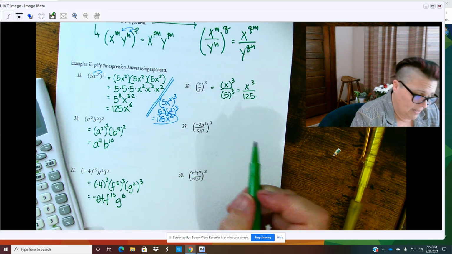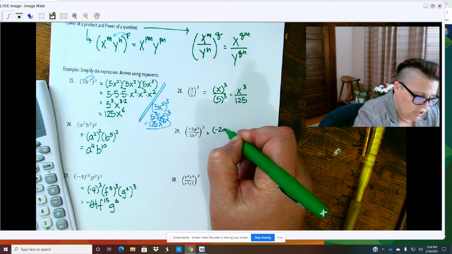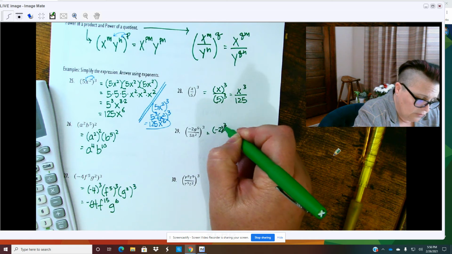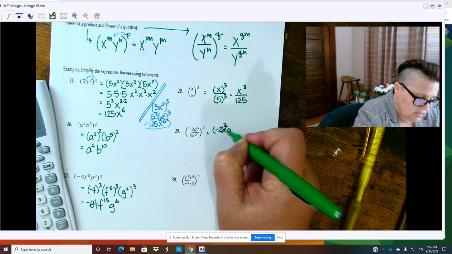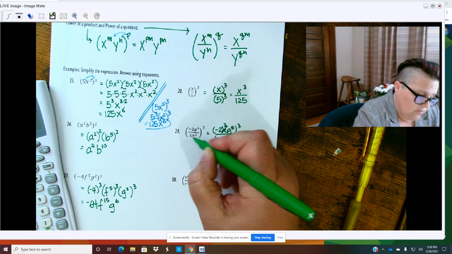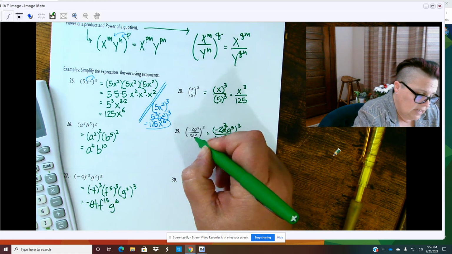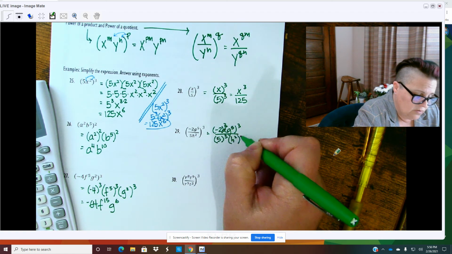For number 29, I would have negative 2 to the third, g to the fifth to the third, over 5 to the third, h squared to the third.